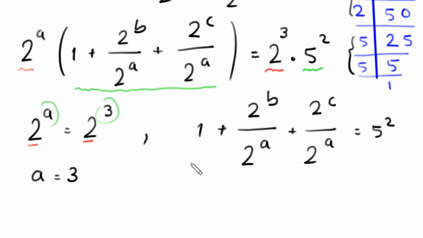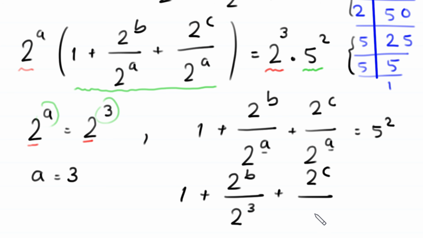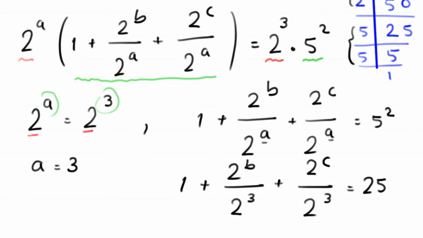Now in this equation we replace this a and this a with this 3. So this will become 1 plus 2 to the power b divided by 2 cubed plus 2 to the power c divided by 2 cubed equal to 5 squared is 25.